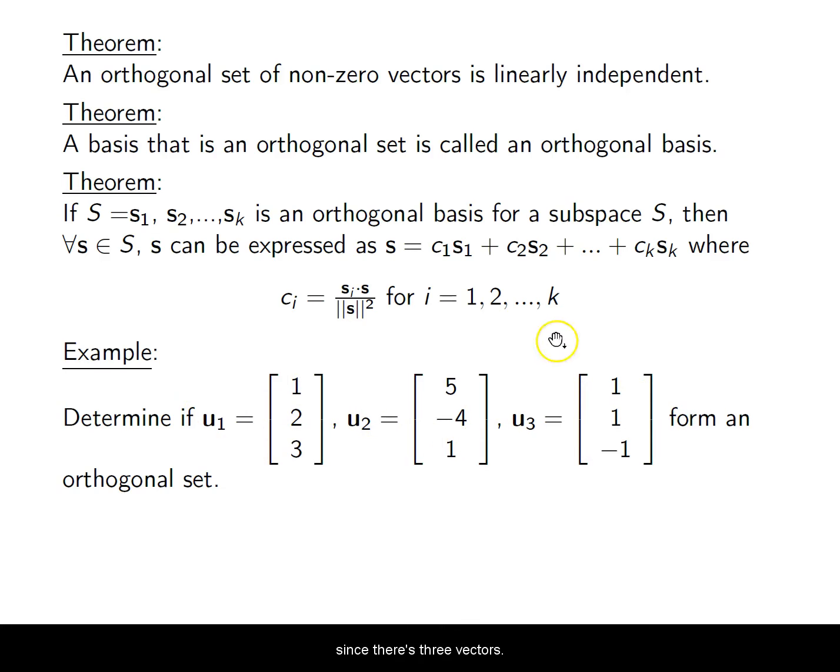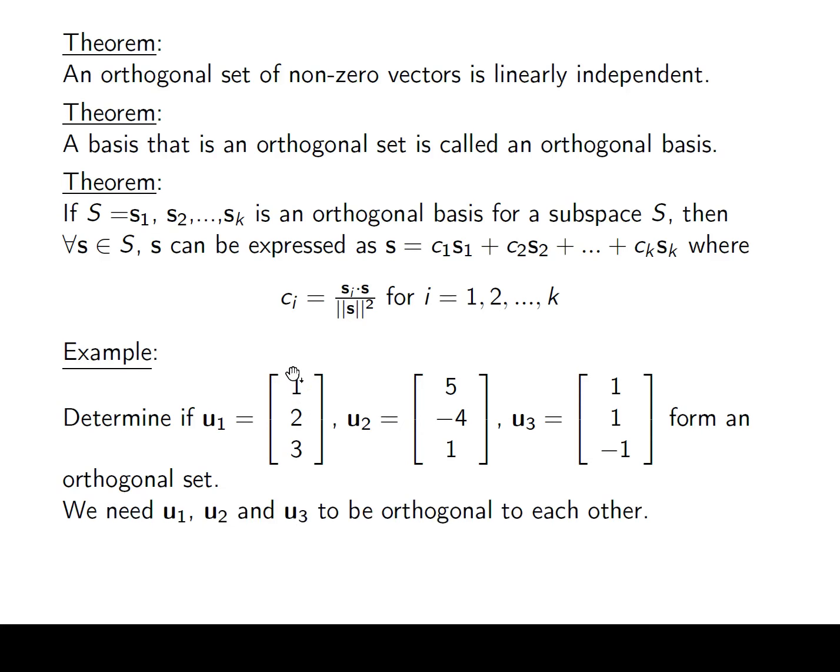Since there are 3 vectors in R3, if they are all orthogonal, they would form an orthogonal basis for R3. So I need to check whether U1, U2, and U3 are all orthogonal to each other.